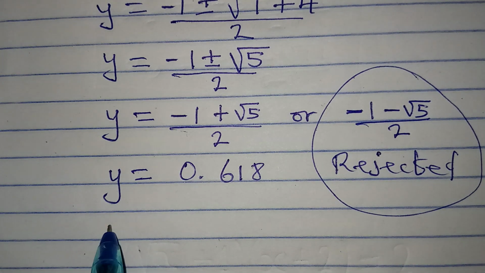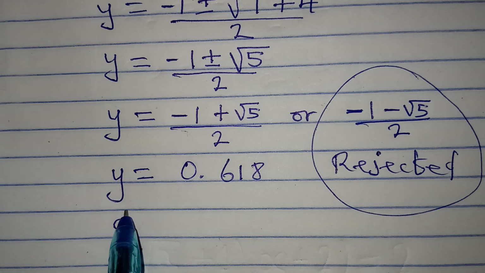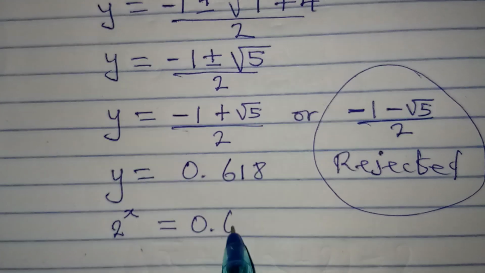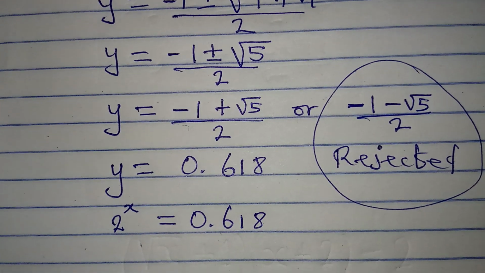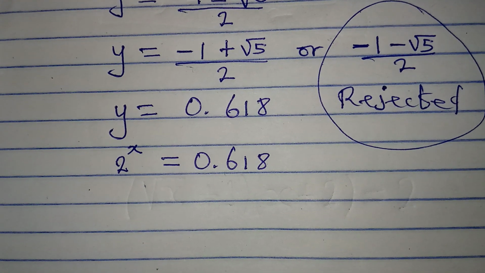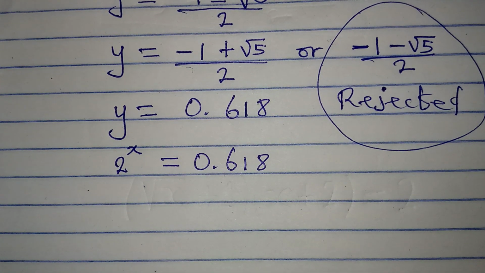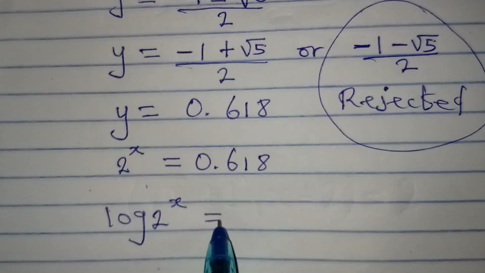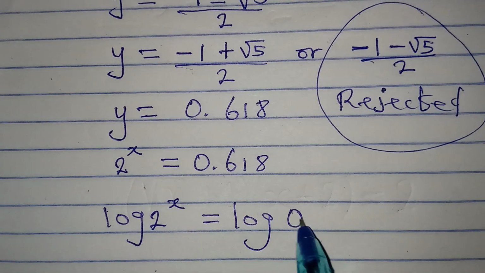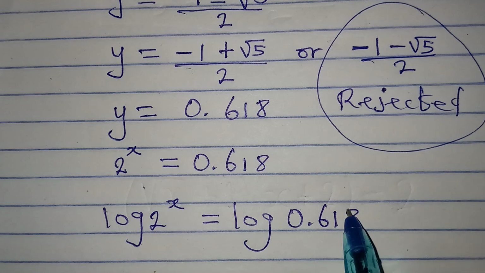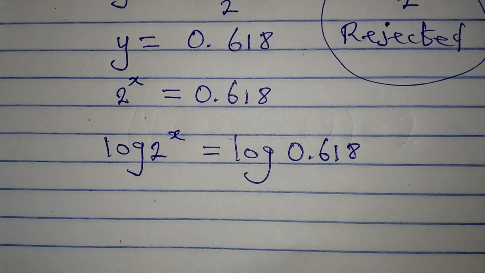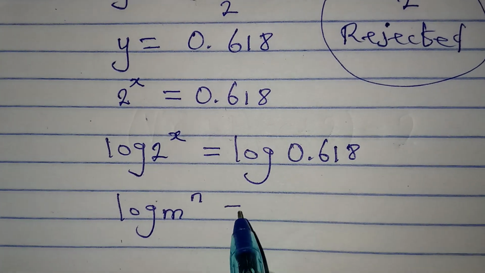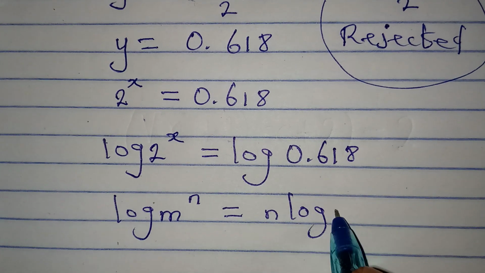But let's use this. Now, remember when we say that y is equal to 2 to the power of x. So this will now be equal to 0.618. I'm trying to get the value of x, and the next thing to do is to take the log of both sides, so that log 2 to the power of x will be equal to log 0.618. Remember, if you have log m to the power of n, this is the same thing as n log m.